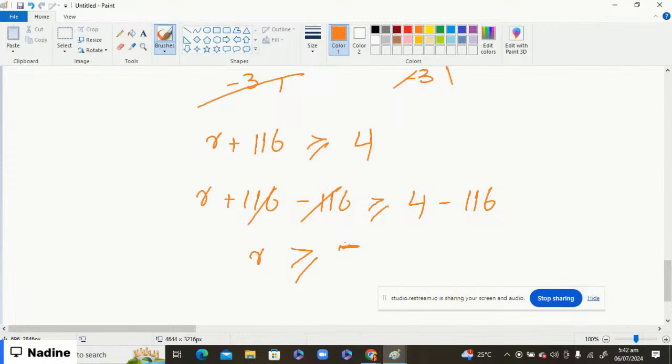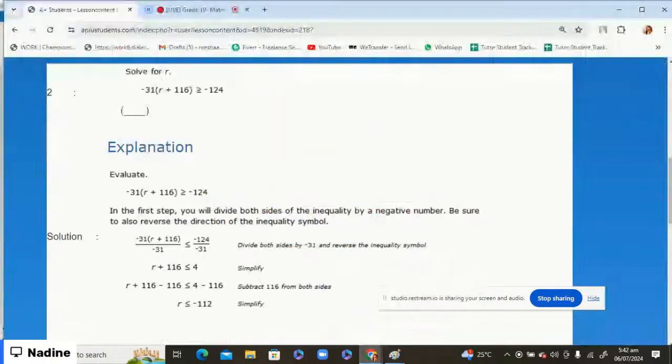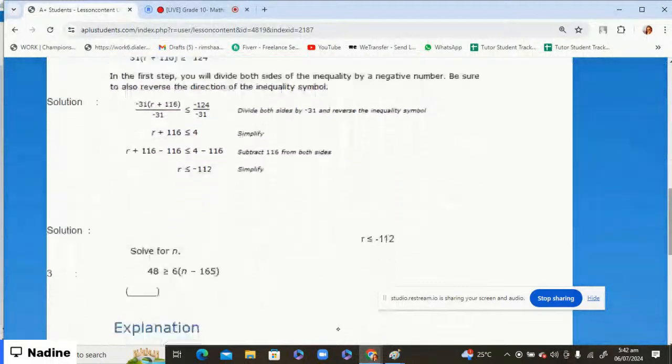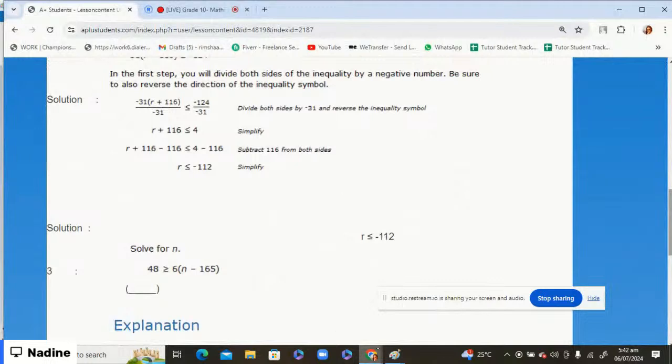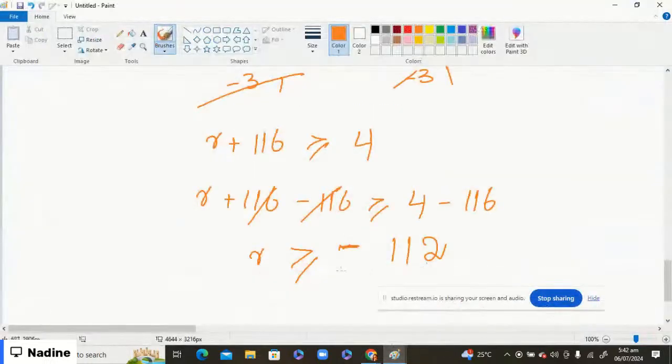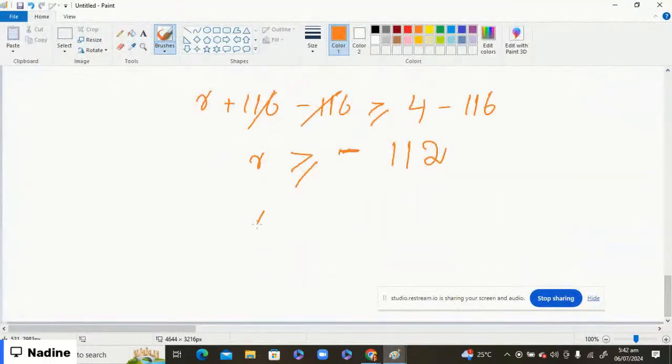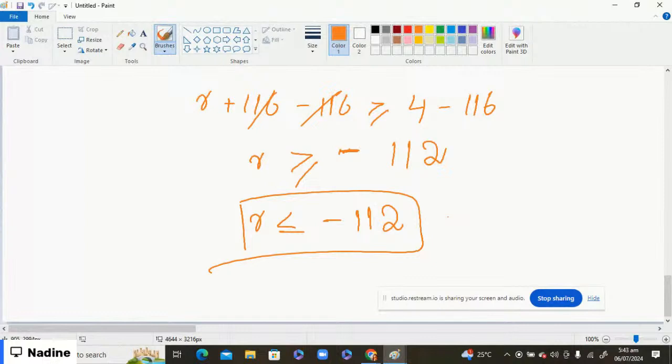So 4 minus 116 is minus 112. Now look at here, this is the question that we have done, but here now the sign is changed. Why? Because we divided by a negative value, so the sign is flipped. So r is greater than or equal to minus 112.